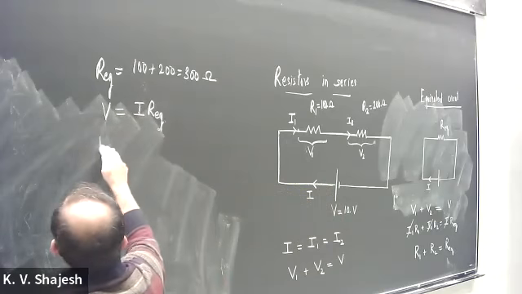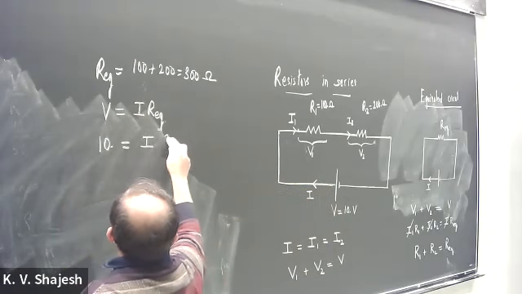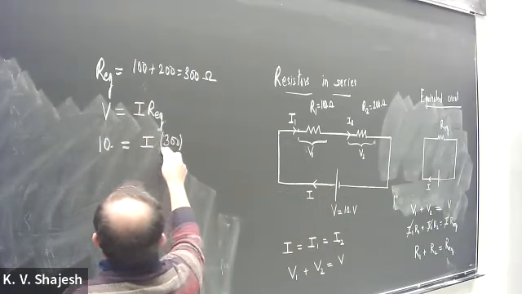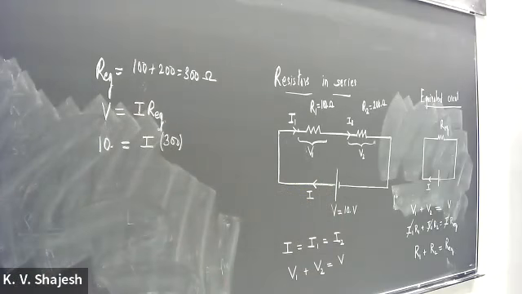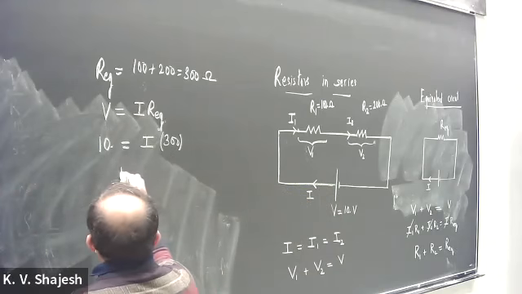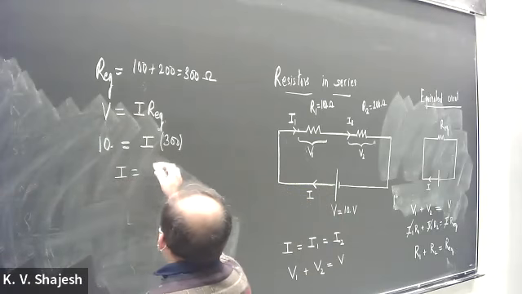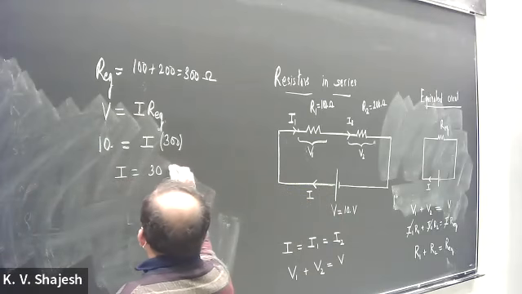That means 10 volts is equal to I times 300. And we can calculate I, which means we know I1 and I2 also, because they are identical. So I is equal to 300 divided by 10, so that's 30 amps.